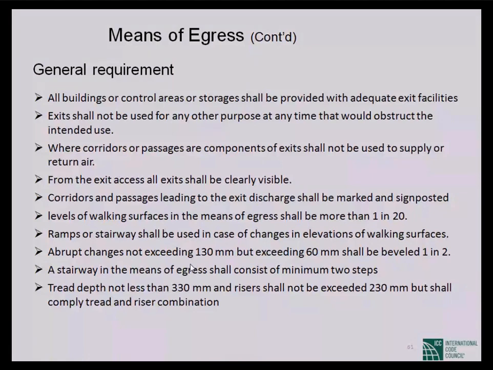Abrupt change not exceeding 130 mm, not exceeding 60 mm shall be held at 1:2. A stairway in the means of egress shall consist of a minimum of 2 steps. Tread depth shall not be less than 30 mm, and a riser shall not exceed 230 mm, but shall comply with the tread and riser combination.